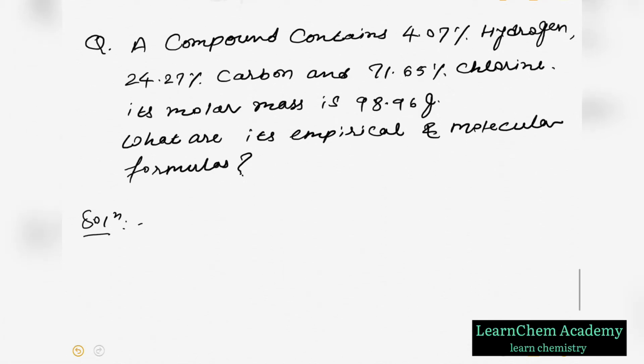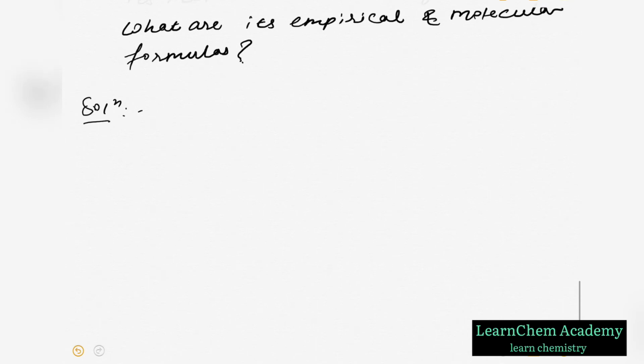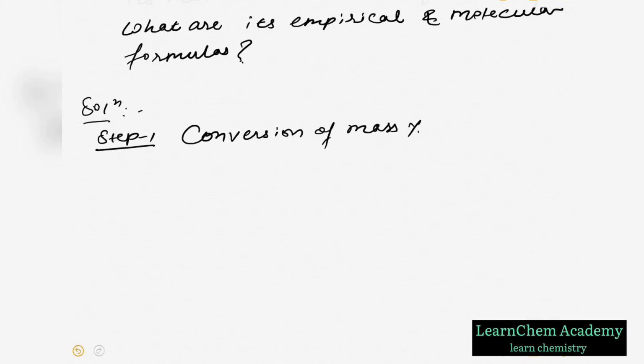Okay, so we will solve it step by step. Our first step, step 1, is conversion of mass percent to grams. We have three elements: hydrogen, carbon and chlorine.